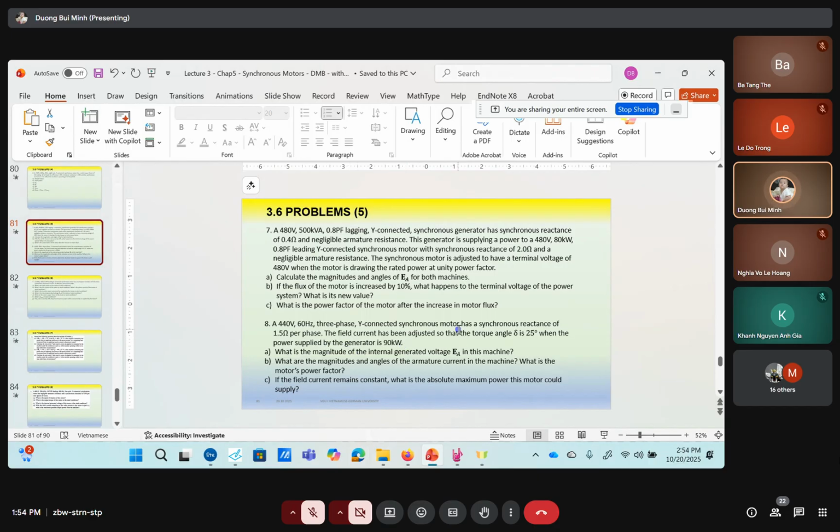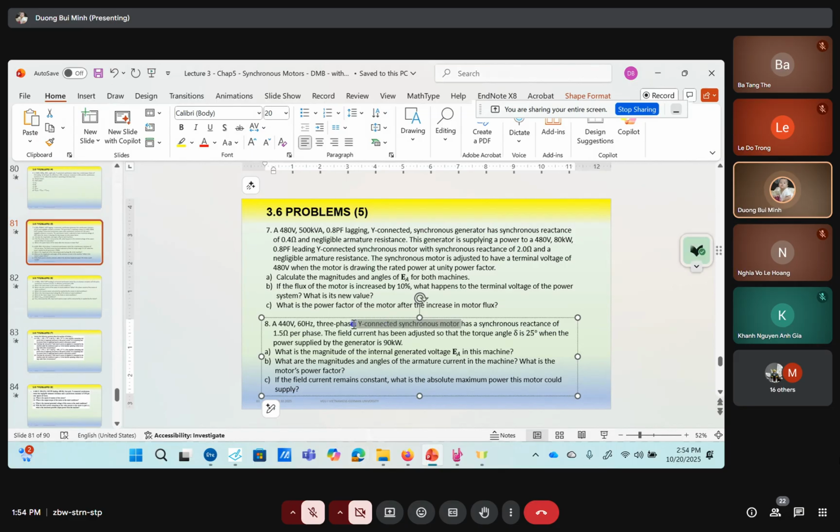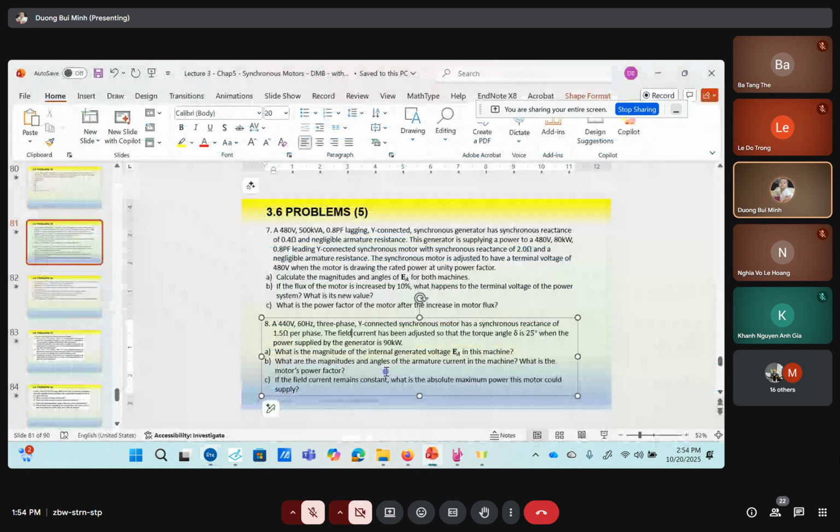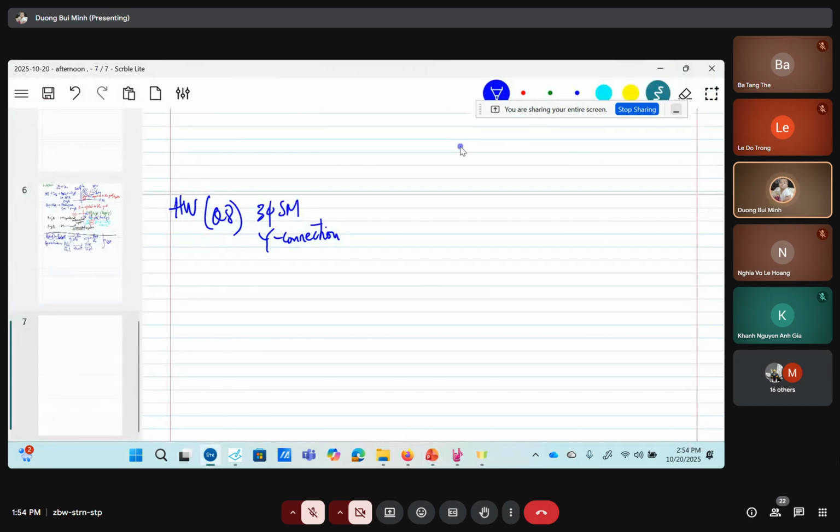So we have a synchronous motor, Y connection, three-phase. They give us 60 hertz and 440 volt. So we have f equals 60 hertz.